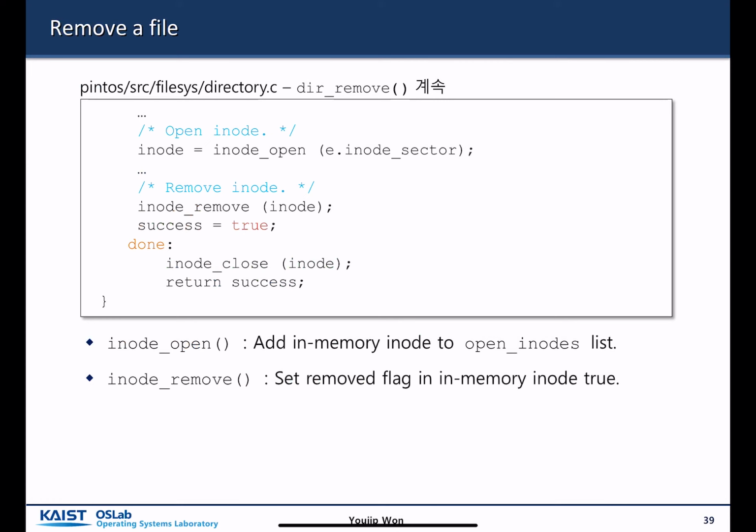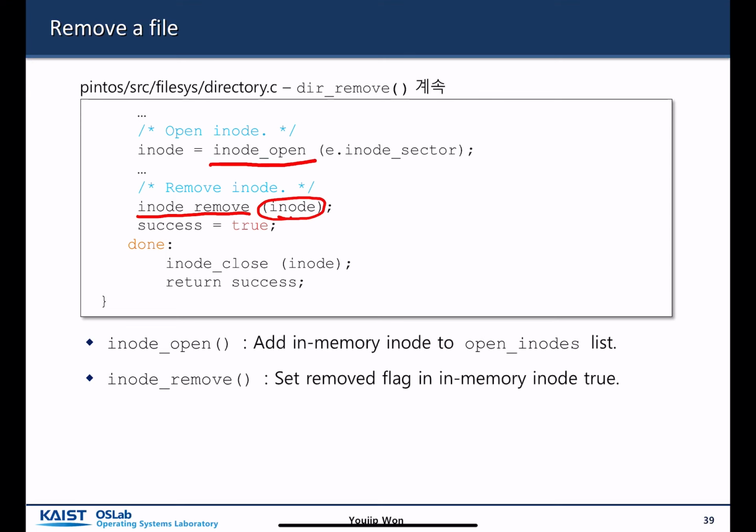The first thing you have to do is open the inode, and then call a function called inode_remove. But calling inode_remove does not mean that the inode is immediately deleted, because the inode might have been opened by other processes, more than one process.